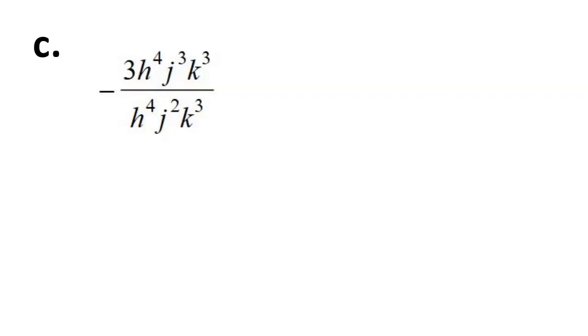Letter C. What do you notice about this letter C? There is a negative out front. Very good. That's good to notice. So that negative I would probably put with the first number and make it maybe negative 3 over 1 for now. Okay. What else do you notice about this problem?